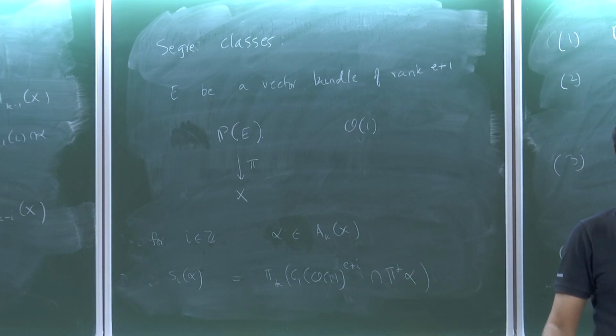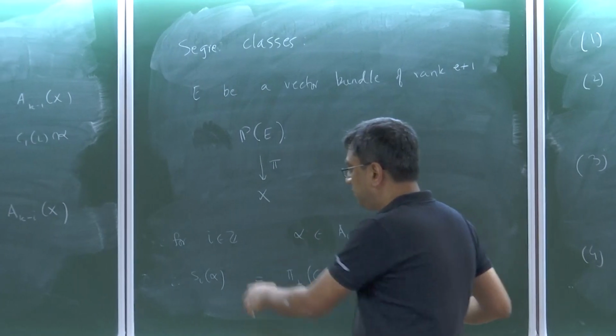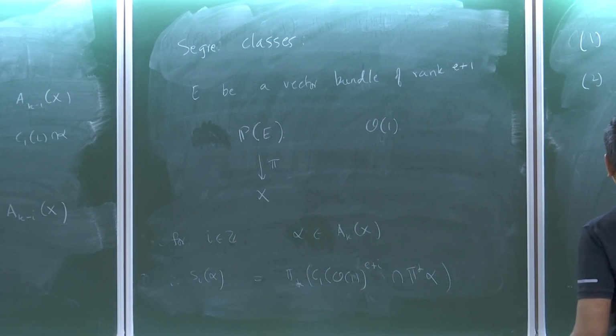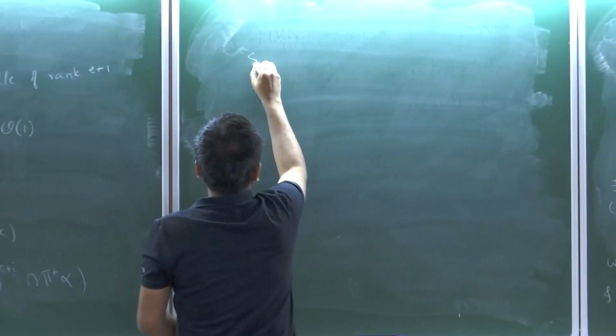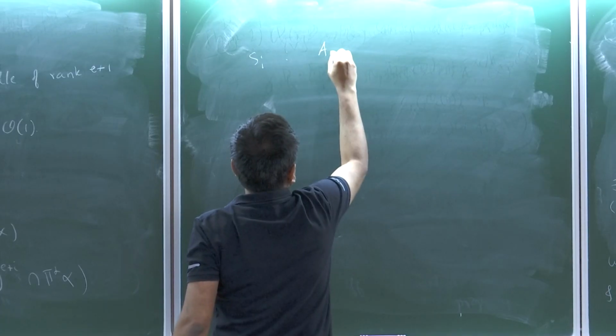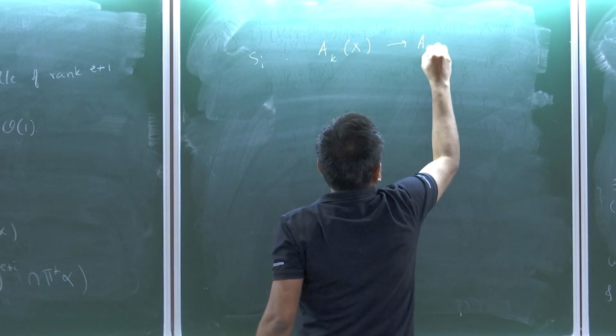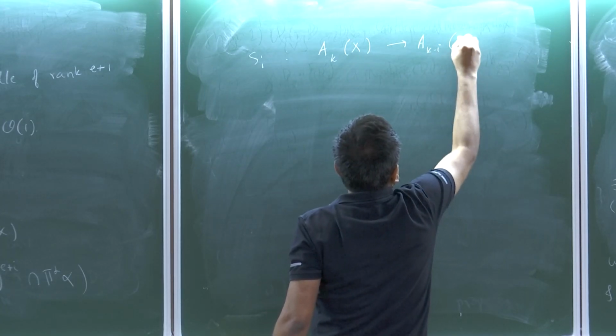What is important is whether the Chern classes we define using these Segre classes satisfy the properties that we want. So, okay, what is this S_i? So S_i is a map from A_k(X) to A_{k-i}(X).